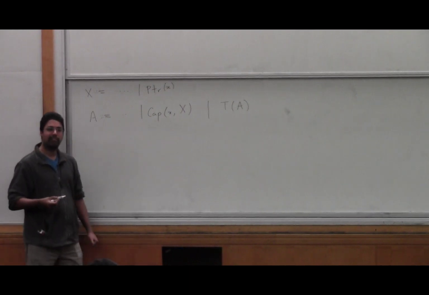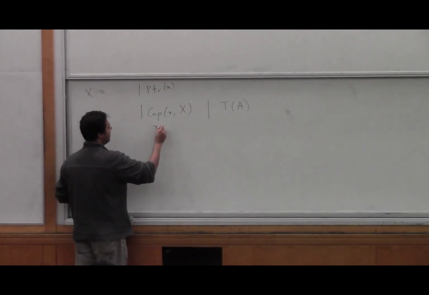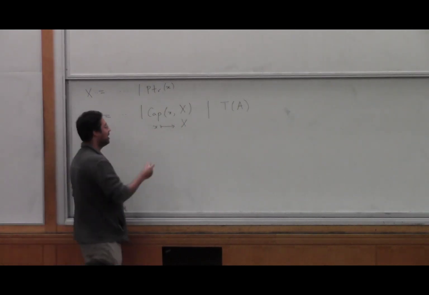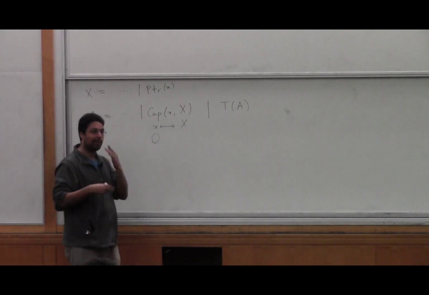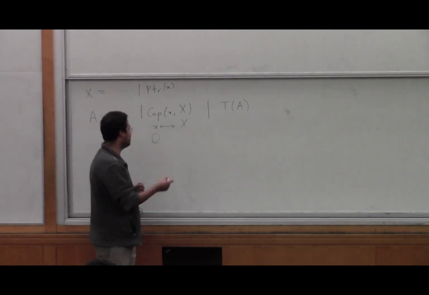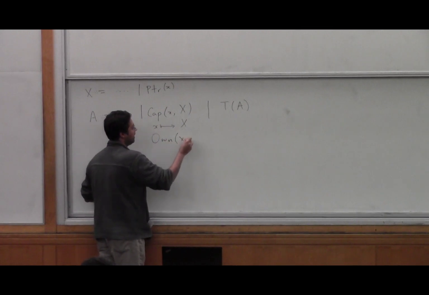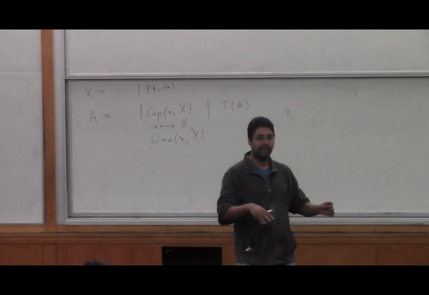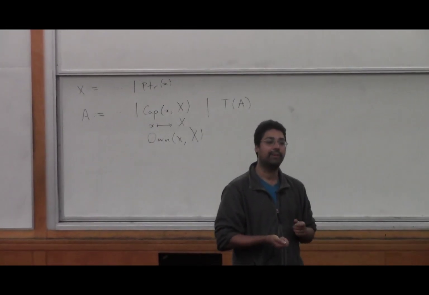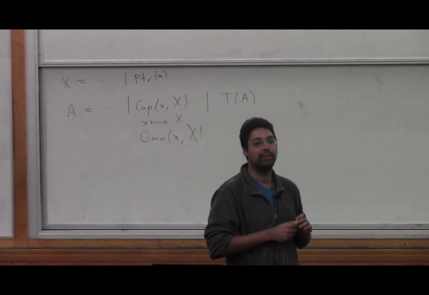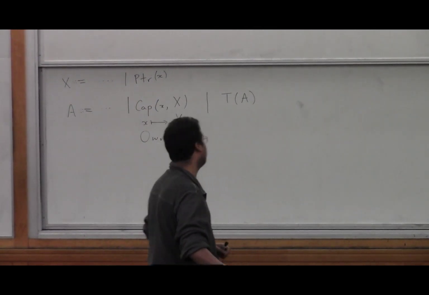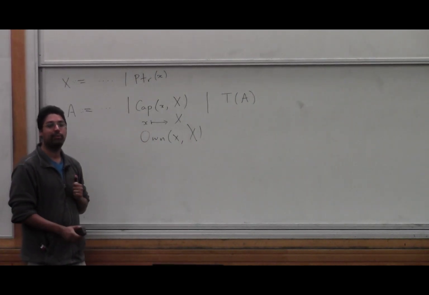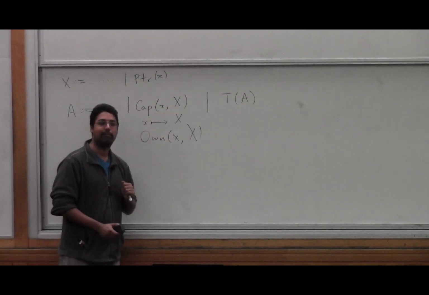If you've seen separation logic before, then you might write it like x points to a value of type x, or if you've done a lot of C++ programming and you think in terms of ownership, you could say something like the address x owns a value of type x, and so on. So it's the intuition of ownership that is the important thing. The notation isn't so important. But you're exactly right that the intuition behind this linear type system is that you do own a piece of memory.